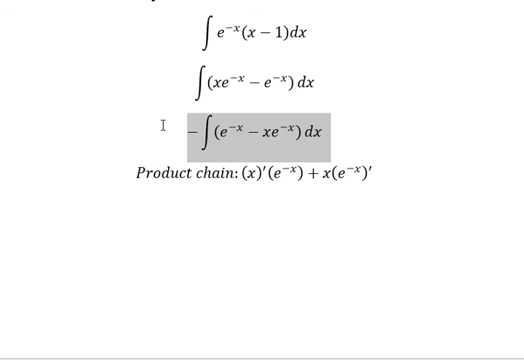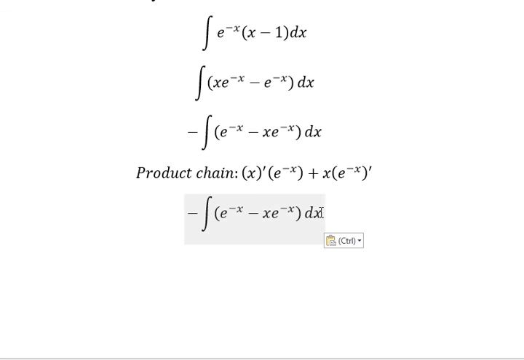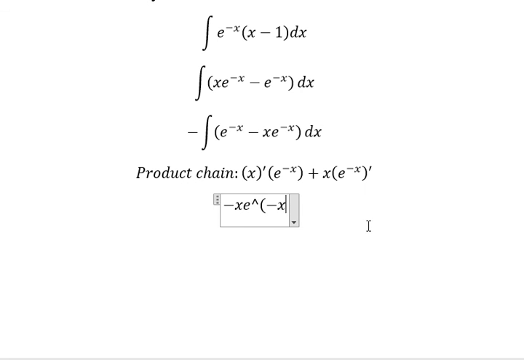So now we can get the final answer. That should be x multiplied with e to the power of negative x, and we will add c.